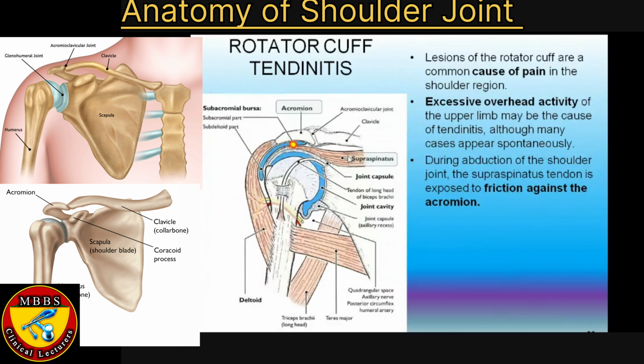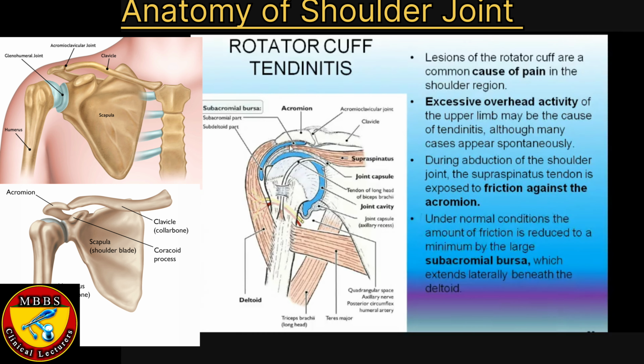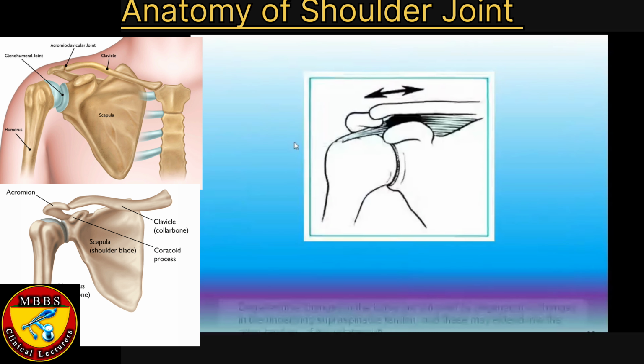During abduction of the shoulder joint, the supraspinatus is exposed to friction against the acromion process, and you can see that under normal conditions, the amount of friction is reduced to a minimum by the presence of a bursa, which we call the subacromial bursa, which simply extends between the deltoid and therefore prevents the friction.